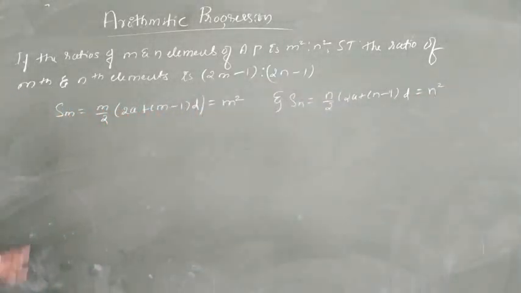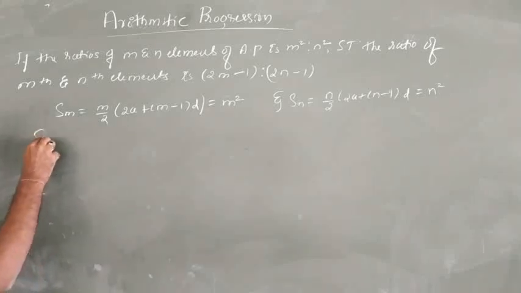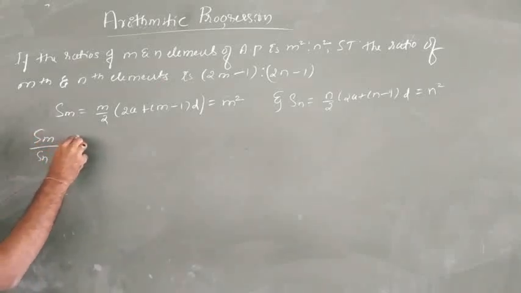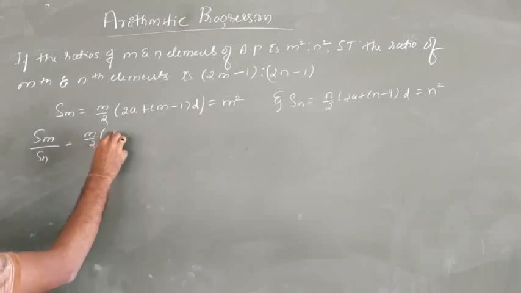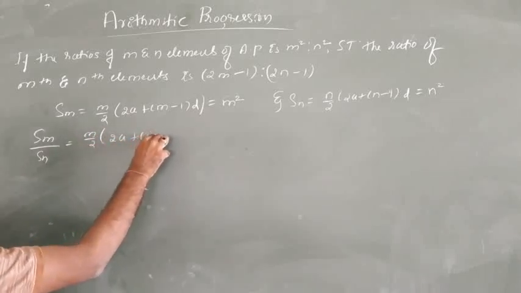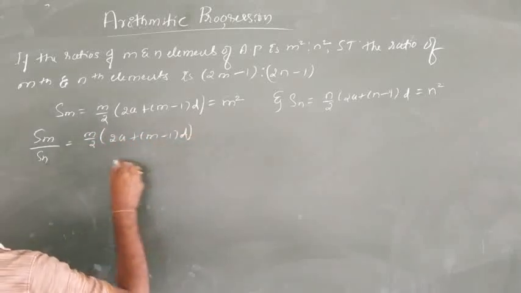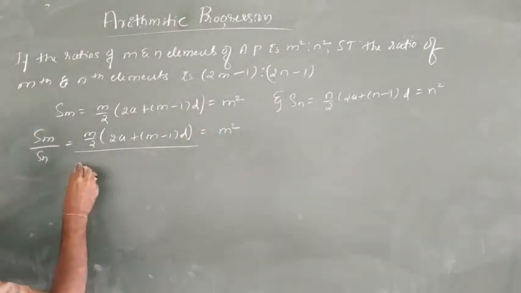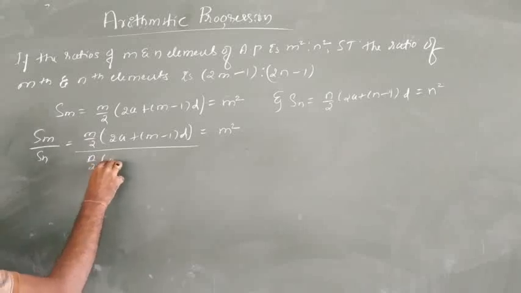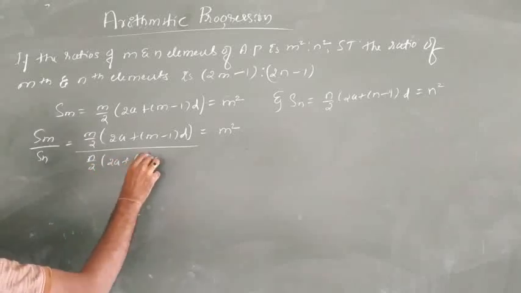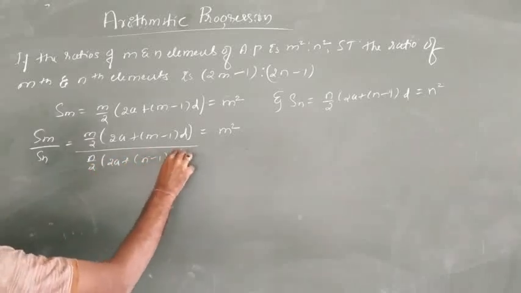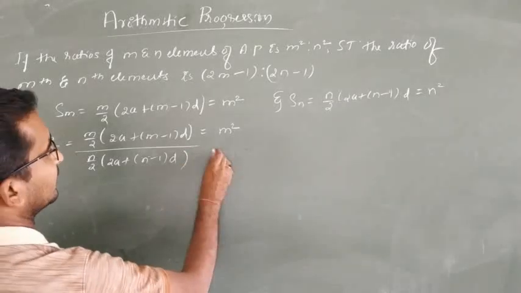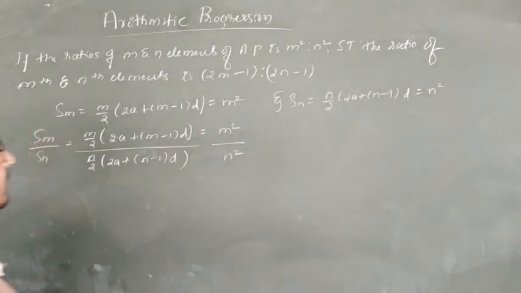So Sm divided by Sn is equal to m divided by 2 into 2a plus m minus 1 into d, divided by n by 2 into 2a plus n minus 1 into d, which is equal to m square divided by n square.